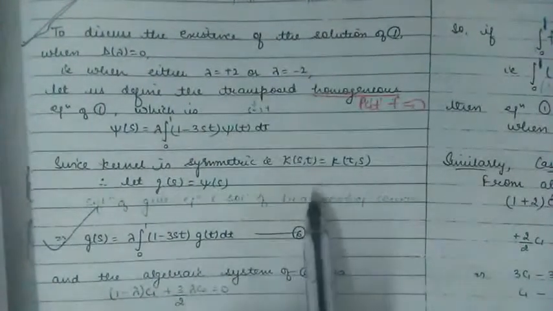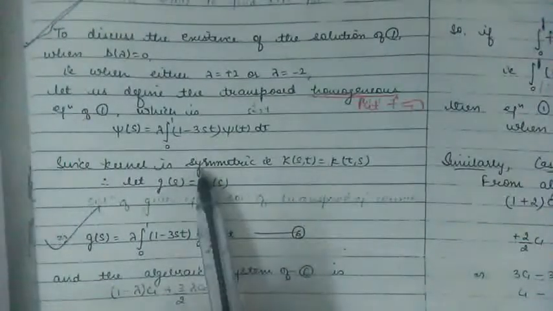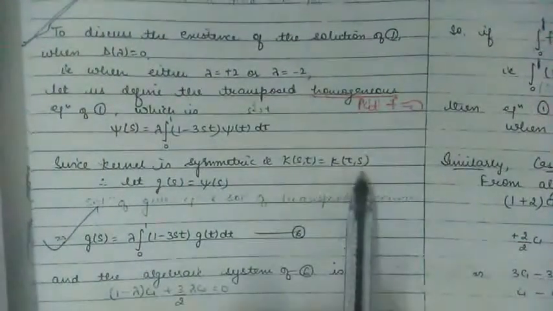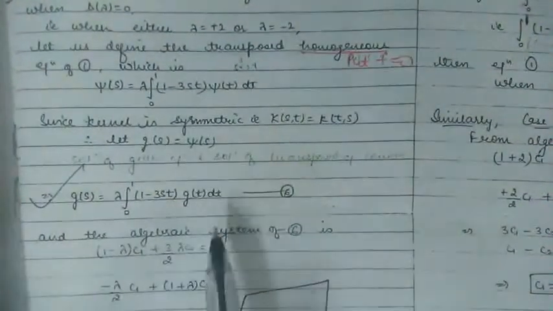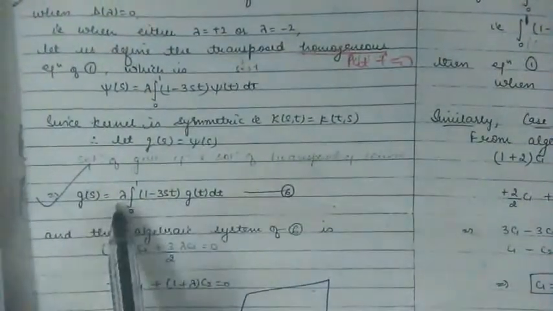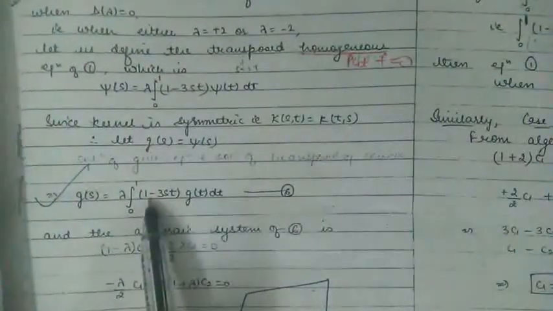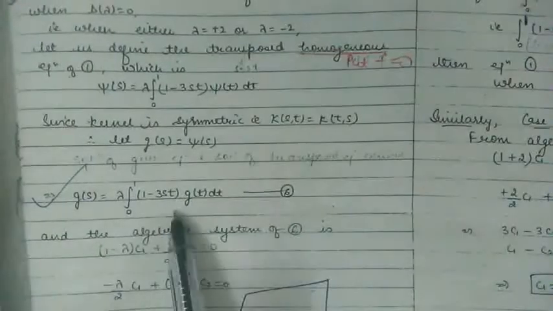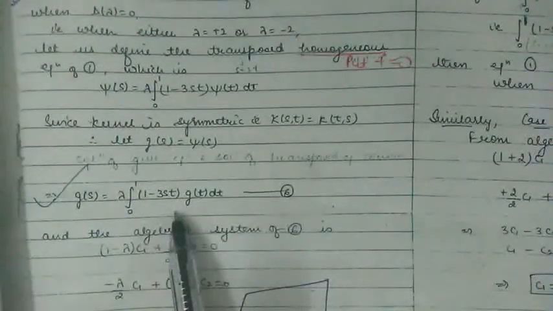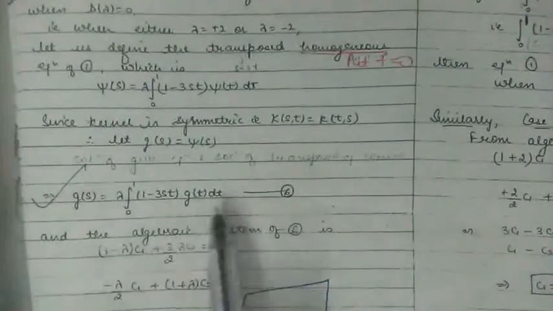Now because the kernel is symmetric, k(s,t) is equal to k(t,s). So the corresponding equation is given by g(s) is equal to lambda integral 0 to 1 minus 3st into g(t) dt. This is the corresponding transposed homogeneous equation of the given integral equation.